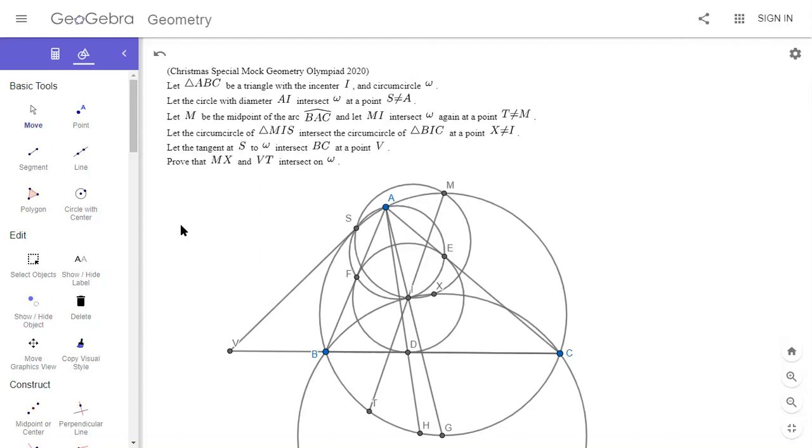So can we show VT and H are collinear and MX and H are collinear? Let's see, if we show MX, trying to think. So I wonder if we can use the radical axis theorem to show that TH, BC, and VS are collinear.